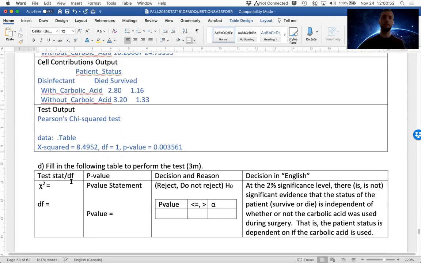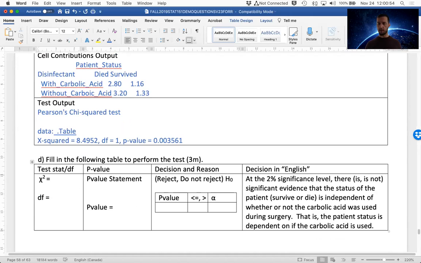Okay, so from our Commander, we have the test statistic is 8.4952. The degrees of freedom is 1. The p-value statement is p chi-square greater than 8.4952, and the p-value is 0.003561.